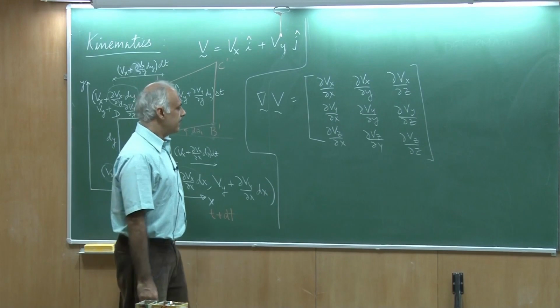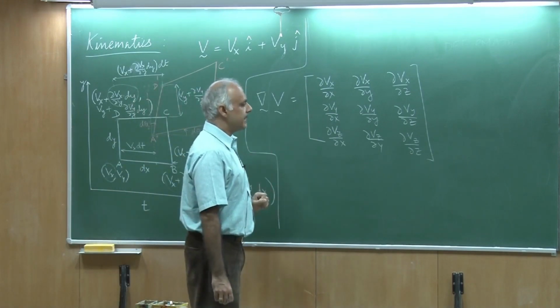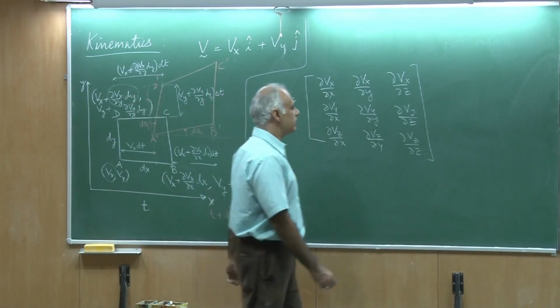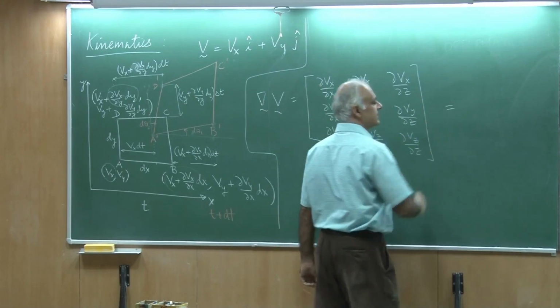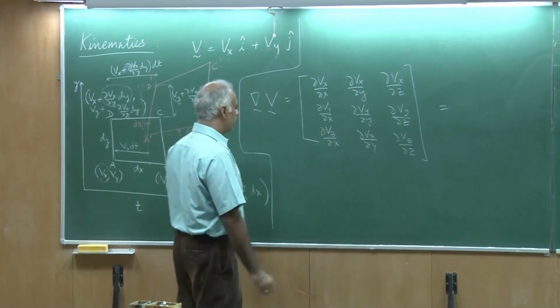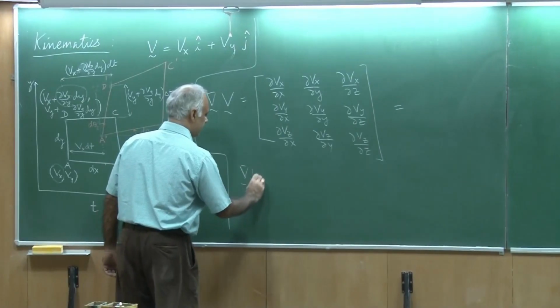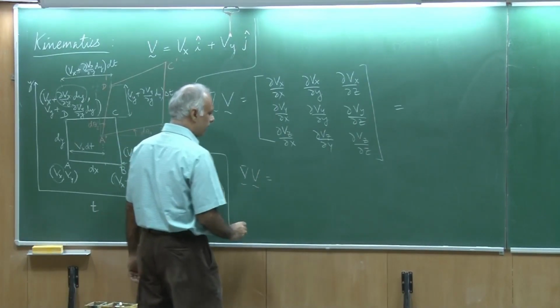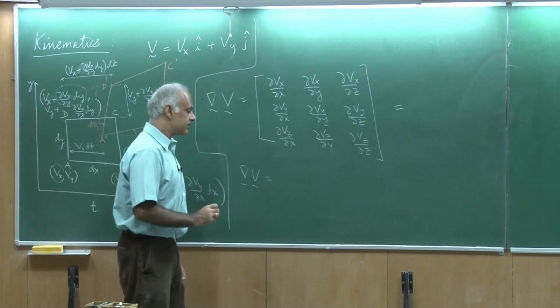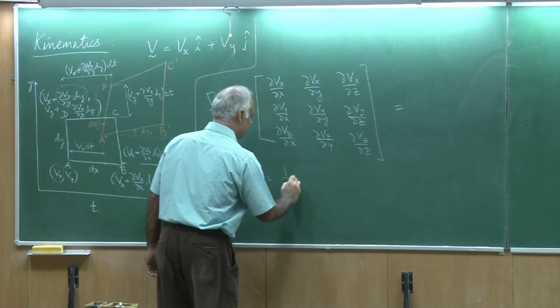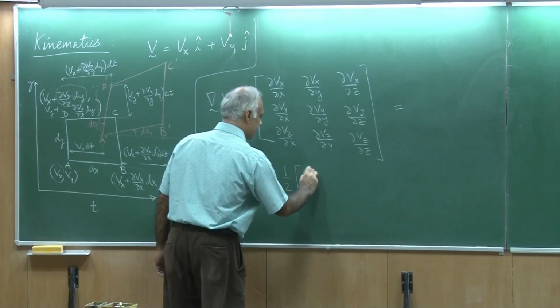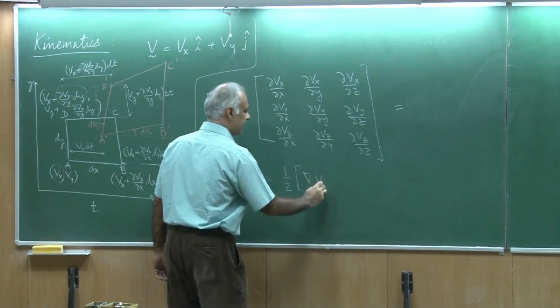Now, this tensor, as I had explained to you, can be split into two parts. So, gradient of V can be split into two parts, a symmetric part and a skew symmetric part. So, if you remember, we had done this in an earlier lecture.